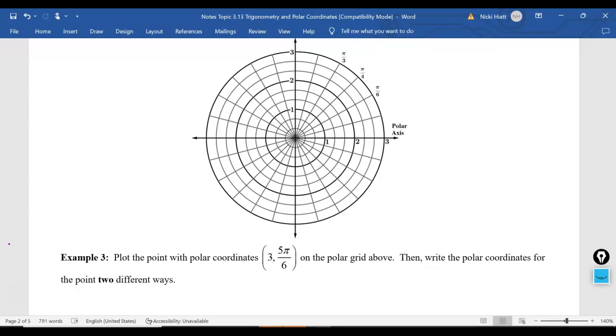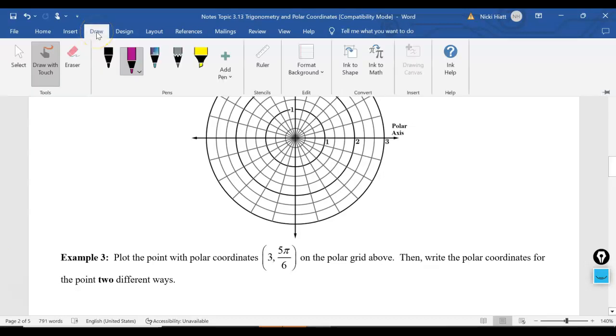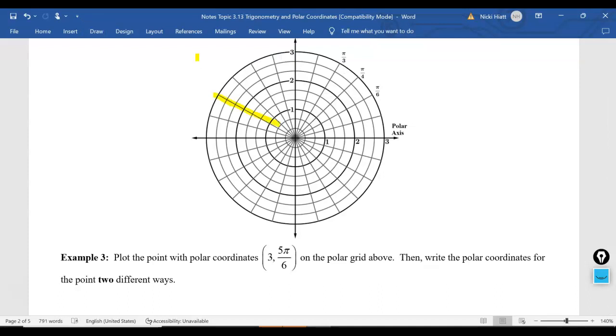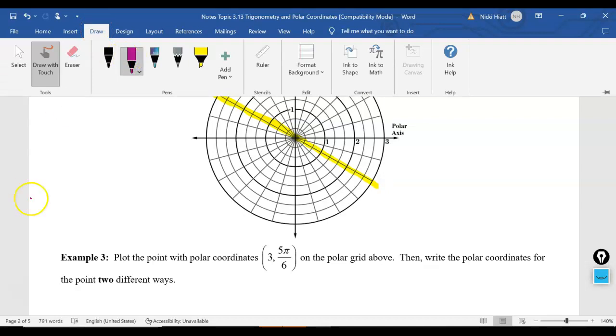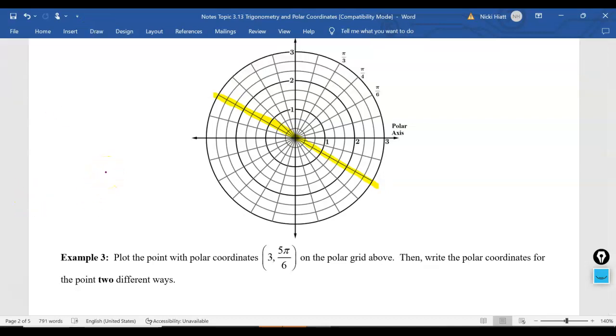So let's graph this point first. I'm going to highlight 5 pi over 6 on my graph. 5 pi over 6 is right here, but let's go all the way across right here. And I'm going to label that point as 5 pi over 6.